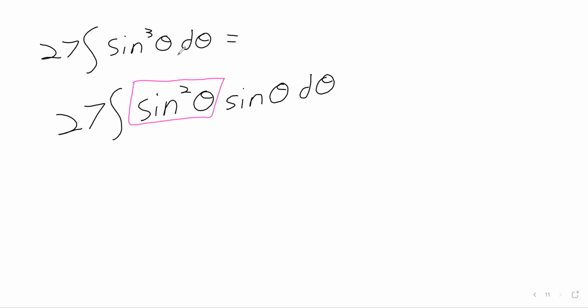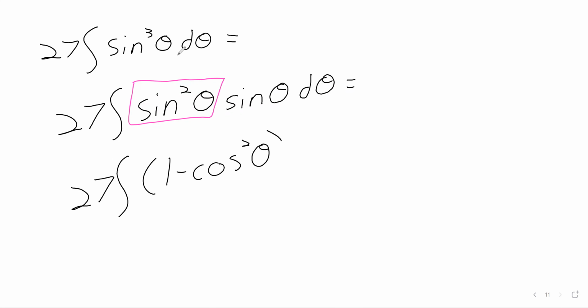And then use the Pythagorean identity to deal with the even power. Sine squared is 1 minus the cosine squared.